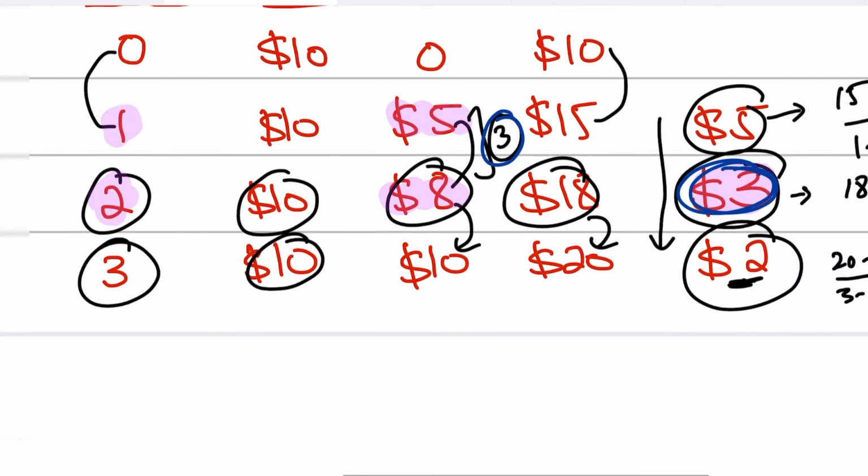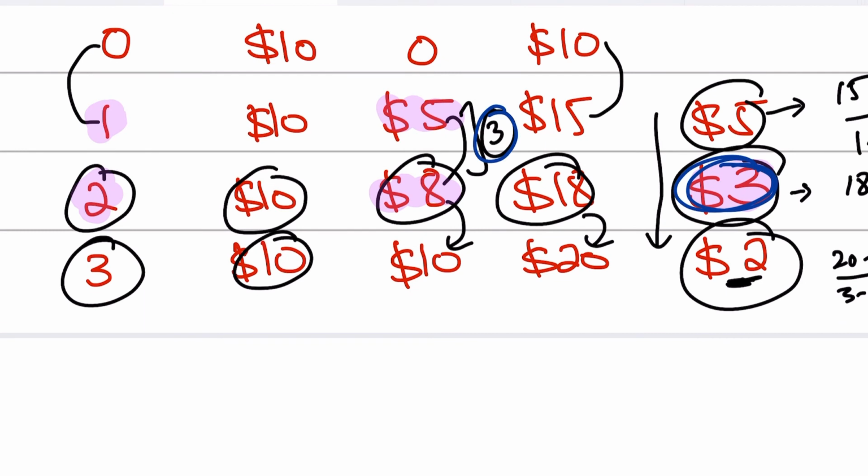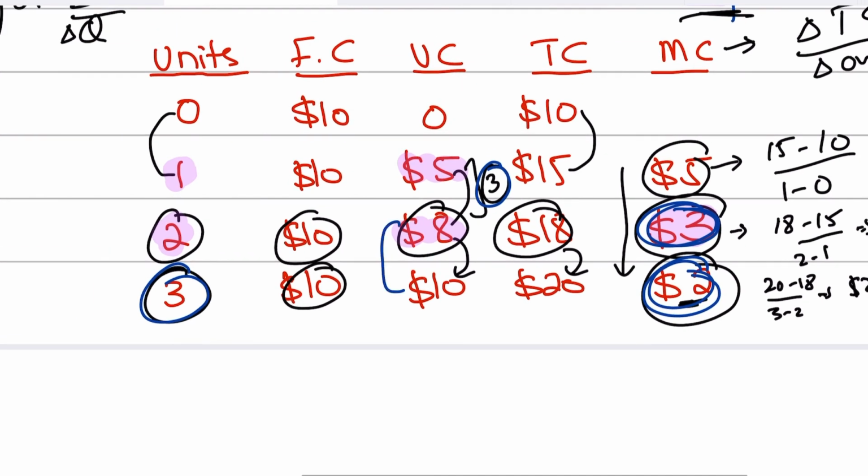And similarly, when the business produces 3 units, the extra cost that the business incurred when it produces the third unit results in an extra $2 cost being incurred, right? So this extra $2 is the extra $2 worth of variable cost that the business has actually incurred, right?